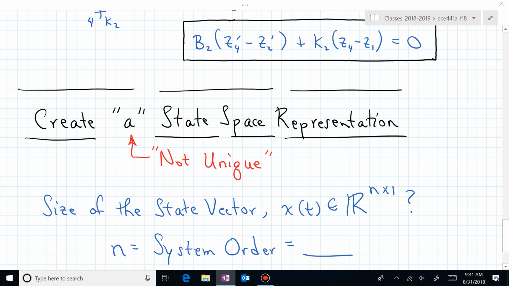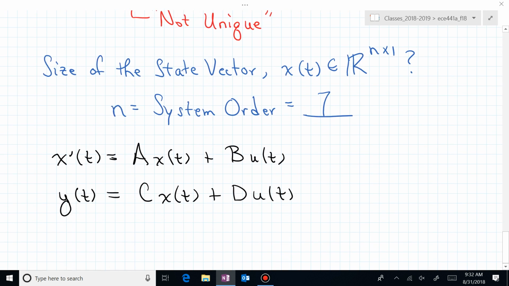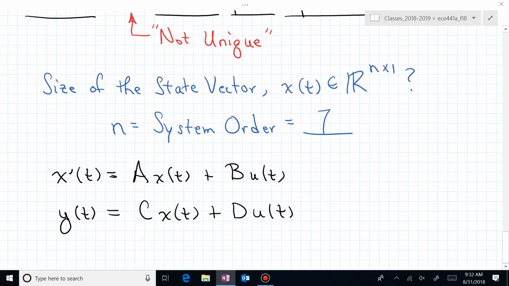We need to now have this state vector x having 7 different elements. It's a tall, skinny vector that's 7 elements tall and obviously 1 variable wide. It's a 7 by 1 vector. And you could write this expression down without even knowing the dimensions of your vectors, but let's now try to understand what these are.